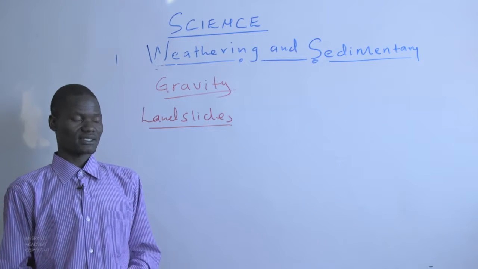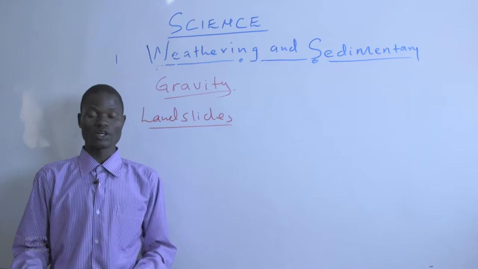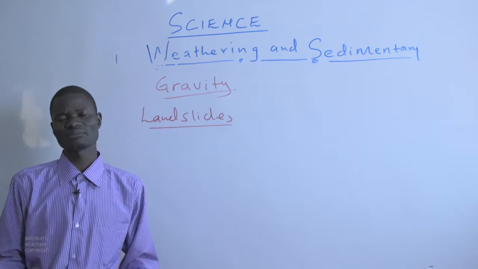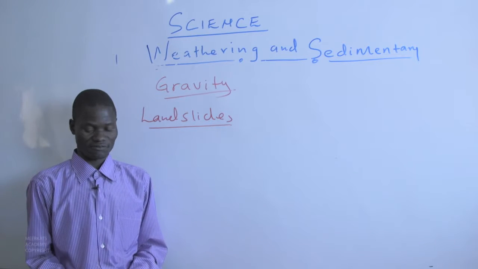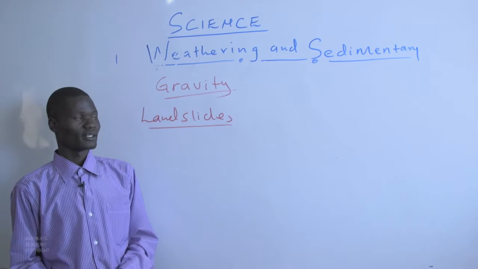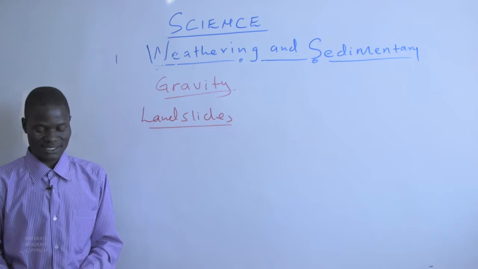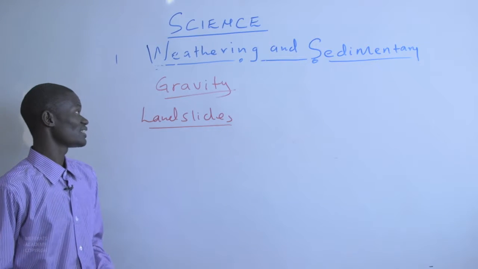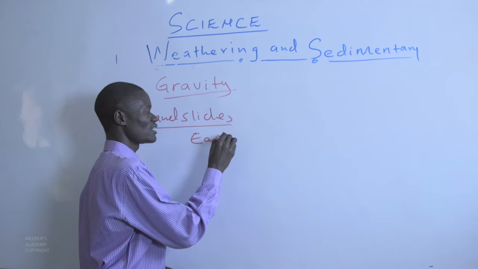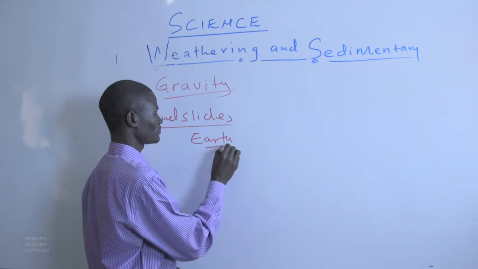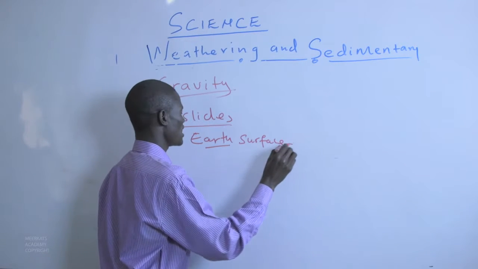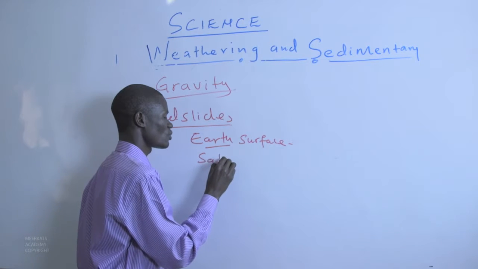In the process of moving, they cause dramatic effects, such as damage to property, and sometimes may lead to the loss of life. Like yesterday in Freetown, it was reported there was a landslide, and it occurred as a result of the Earth's surface being saturated with water.